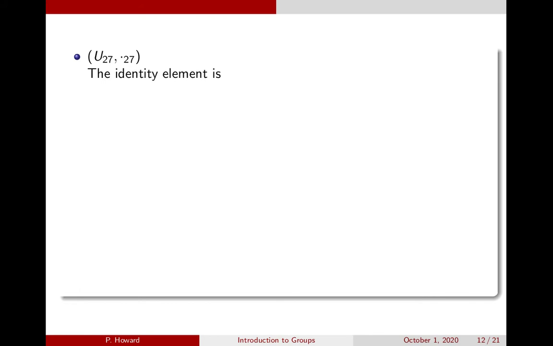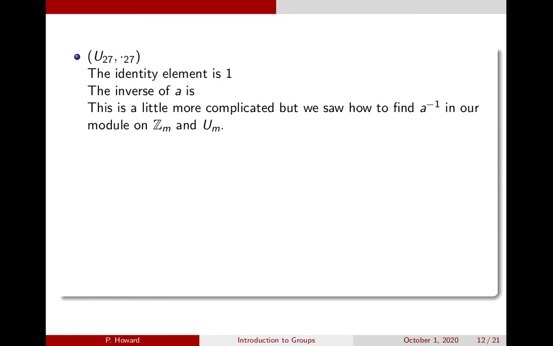The identity element, when you're doing some kind of a multiplication, will almost always be 1. And how do you calculate the inverse of an element of U27? Well, this is a little more complicated, but it's something we did do in our module on Z sub m and U sub m.